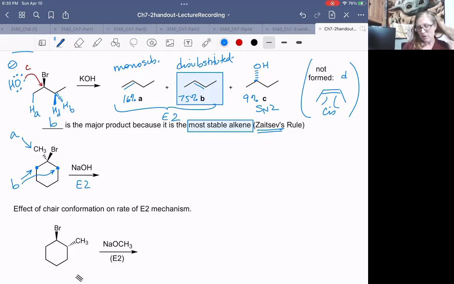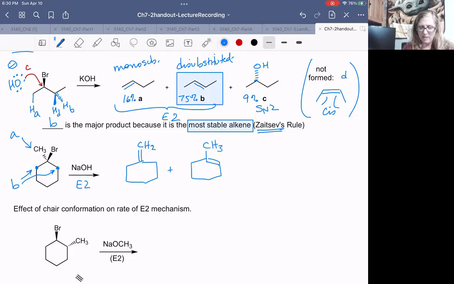And so when we look at our products, one product will have the double bond up to the top carbon, right? So this would be a CH2 because we lost one of the protons there. And the other product would be having the double bond in the ring.